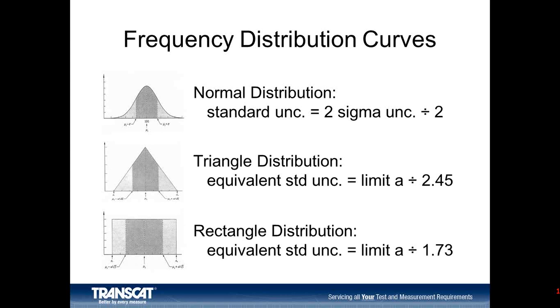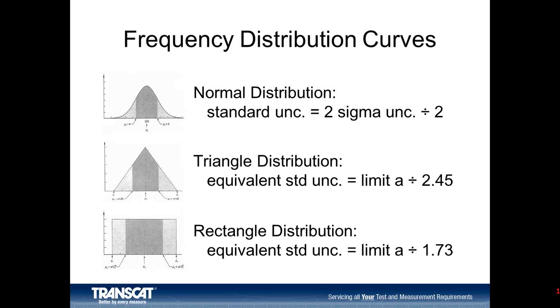The significance of these different distribution types, though, has to do with how we identify the equivalent standard uncertainty before we combine these different parameters together. If, for example, the uncertainty parameter that we're considering is directly from the statistical evaluation of the repeats of this measurement to the length of the table, then that would fall in the upper category.